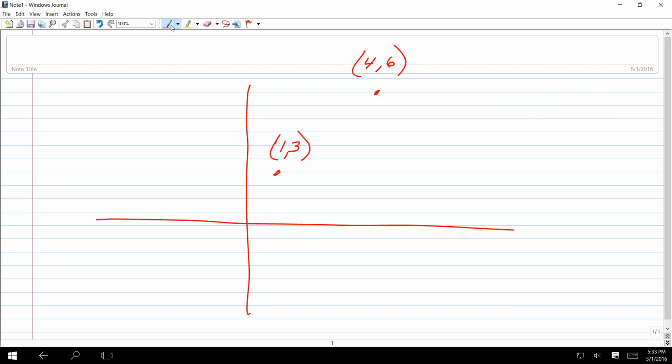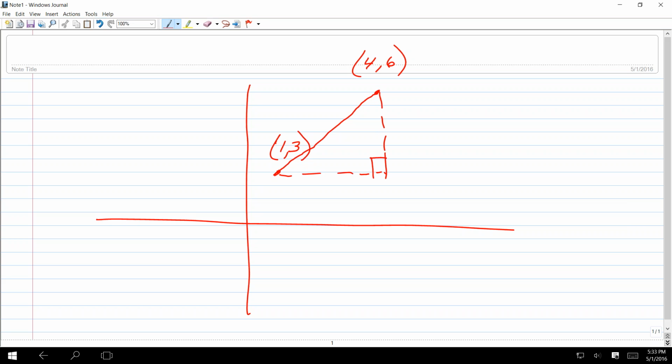Notice that that distance is not a directly vertical or directly horizontal distance, so it's not absolutely clear how to find it. But if it's not directly horizontal or directly vertical, then it is always the hypotenuse of the right triangle that I would construct.